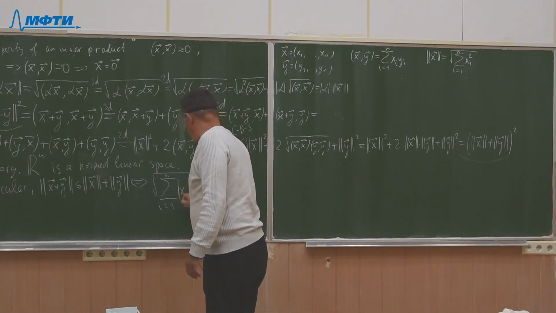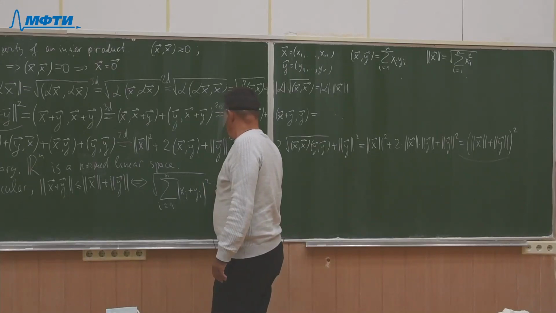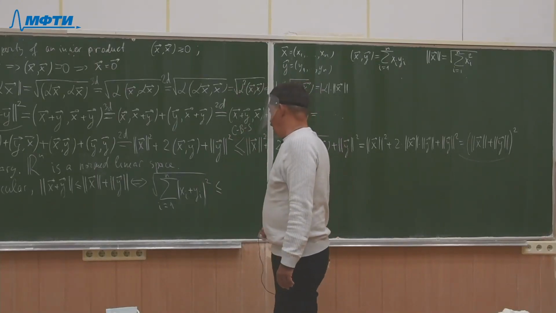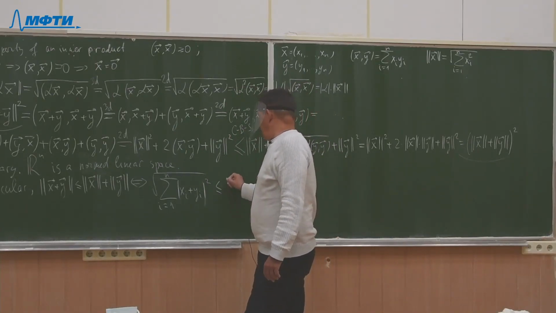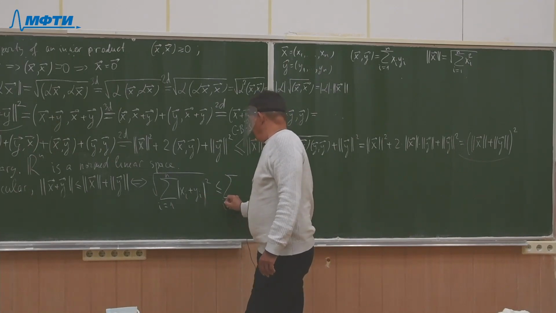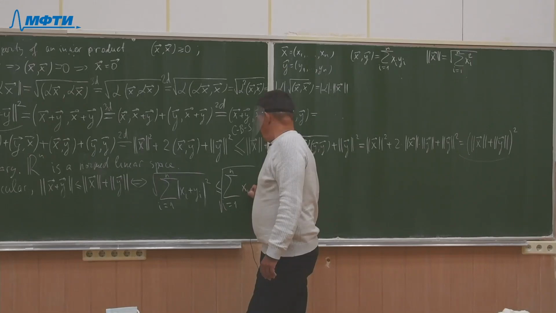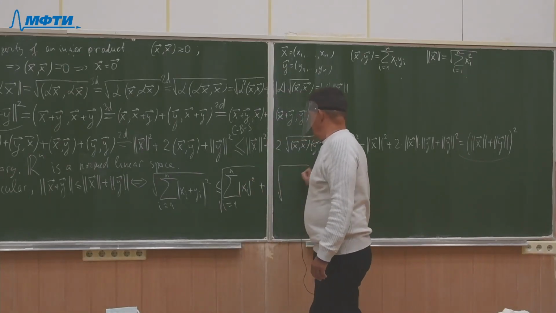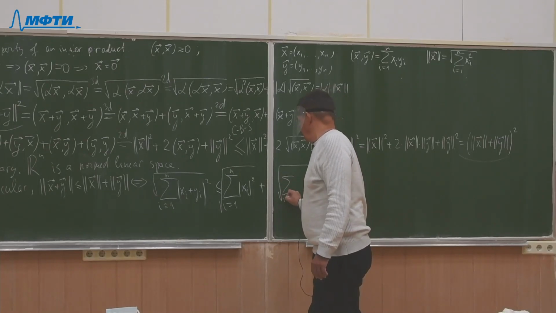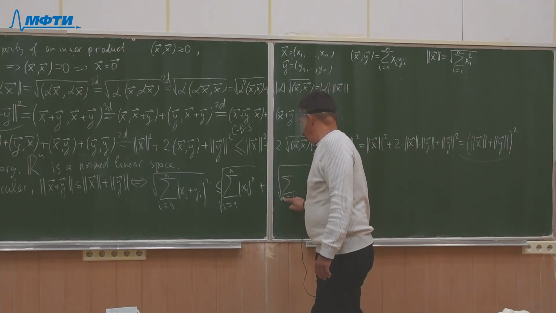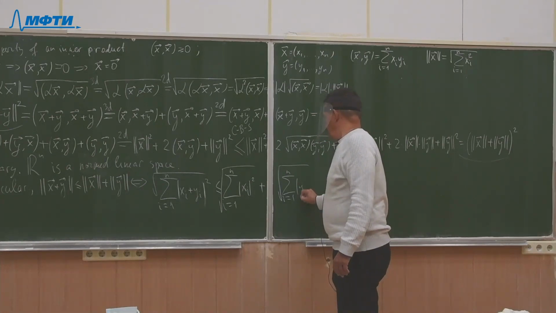Once again, I'll put modulus here, is less or equal to the square root of the sum of modulus xi squared plus the square root of the sum of modulus yi squared.